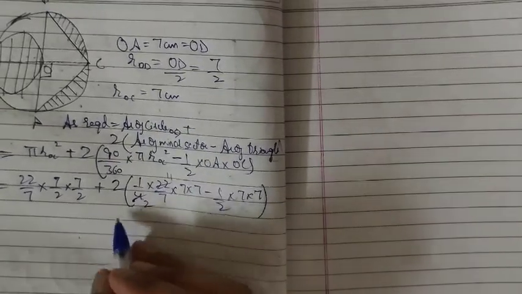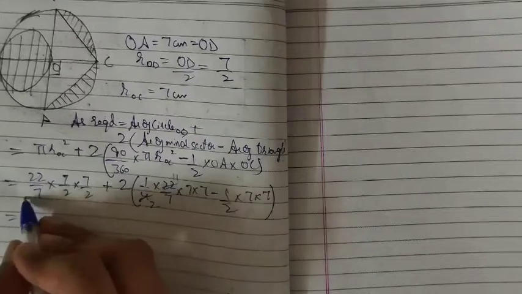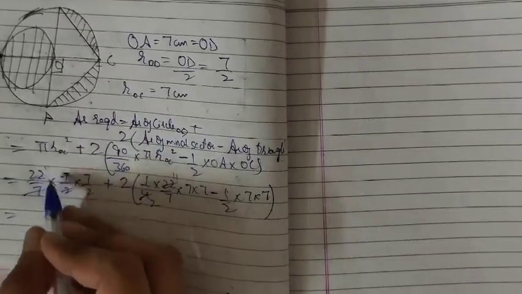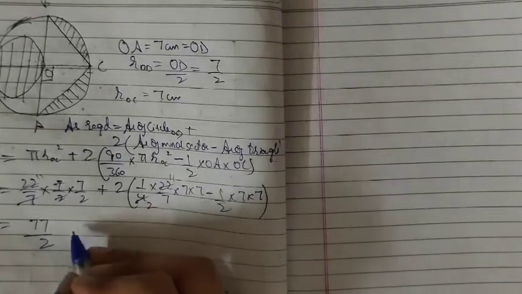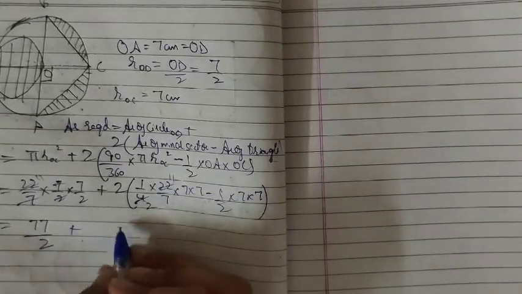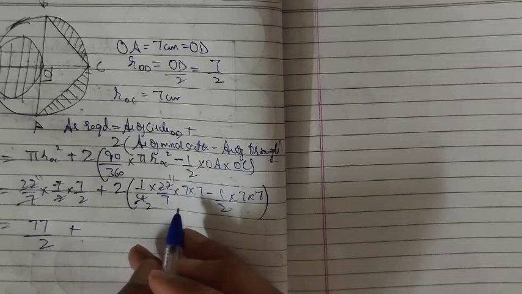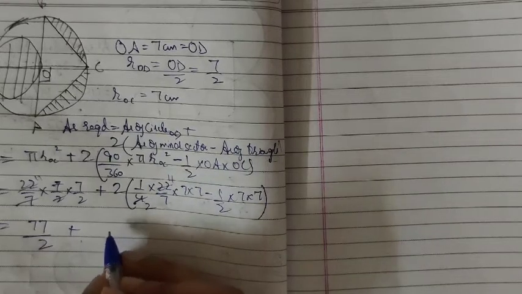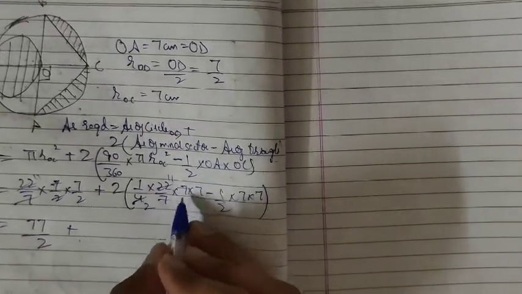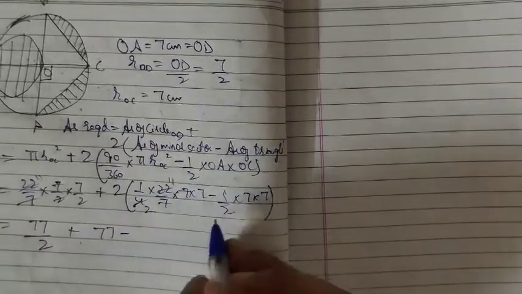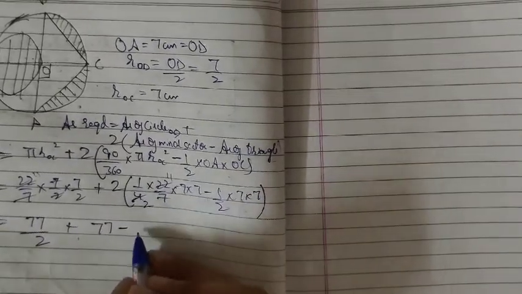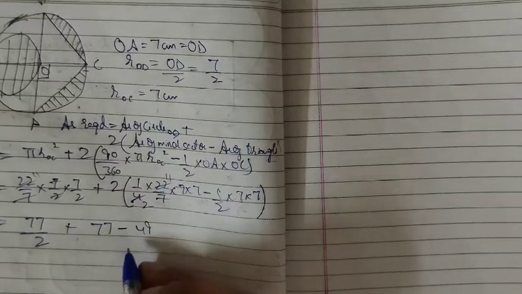If I take 1 by 2 common, so 2 from 2 will get cancelled, 7 to 7 cancelled, 2 11, so 77 upon 2 plus 2 from 2 get cancelled, 11 multiplied by 49, right? Okay, 7 to 7 get cancelled, so 11 multiplied by 7 is 77 minus 7 multiplied by 7 is 49, right?